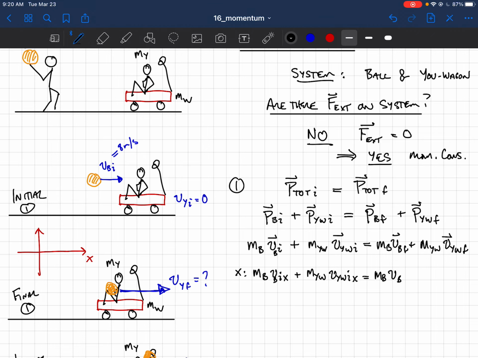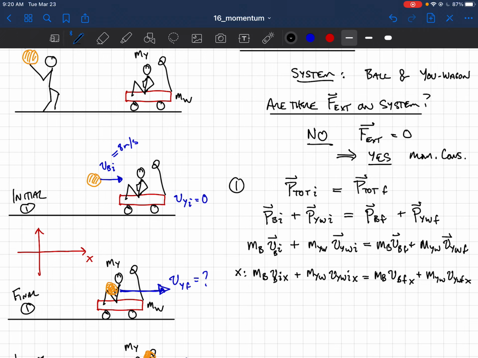And then we have m ball v ball final x and m u wagon v u wagon final x. I told you there's going to be a lot of subscripts. But you know what this means. You have a vector equation, you look at it in terms of components. And now we just go through and find each component from the picture, meaning comparing the velocity vector to our x direction. So what do we get?